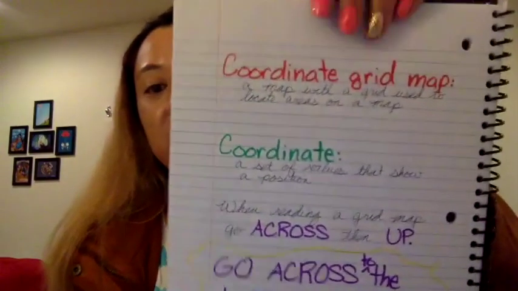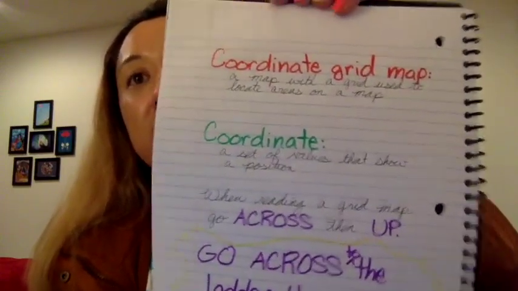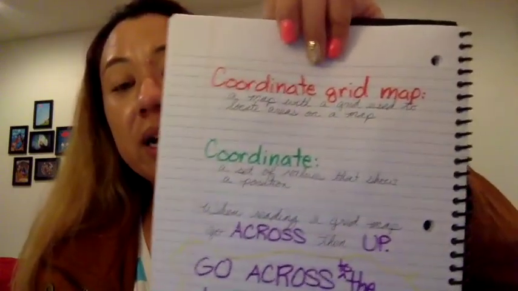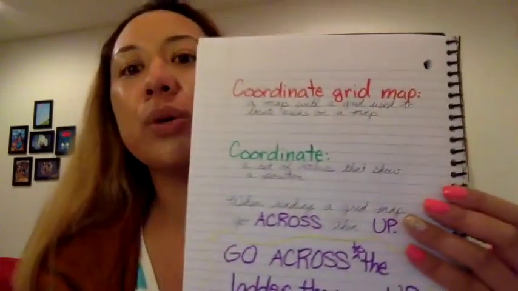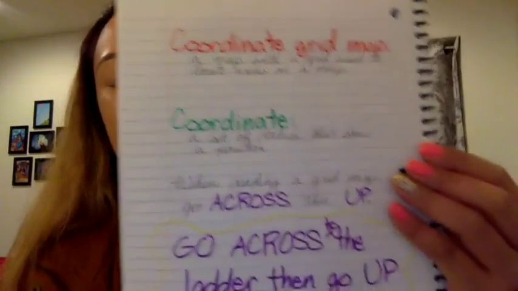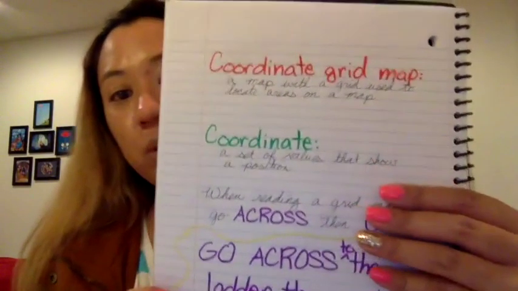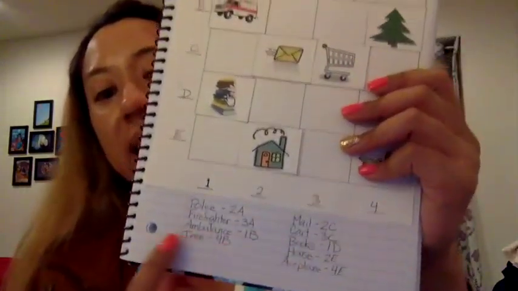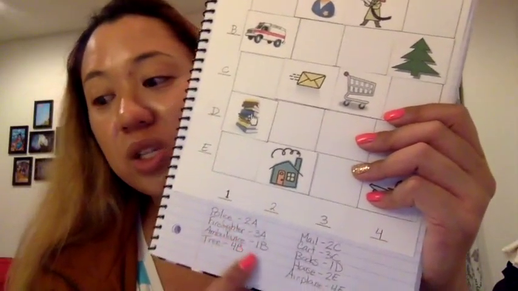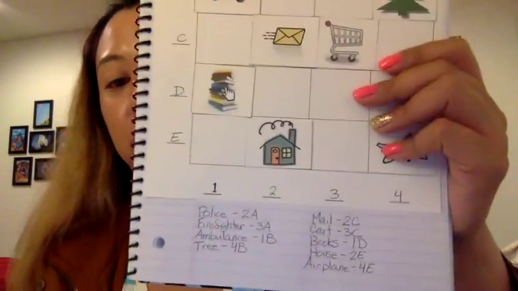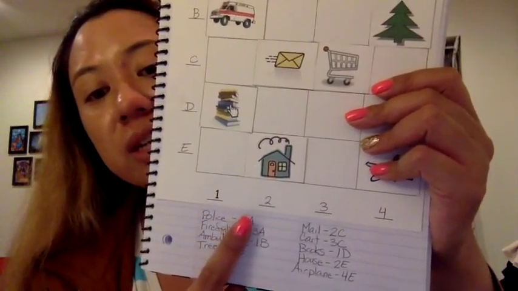Next, our next word is coordinate. Now, coordinate, I didn't go over in vocabulary, but coordinate is similar to location. Coordinate is a set of values that show a position. So, we wrote down coordinates here, down here. These are the coordinates. So what you could do is you could take your green crayon and actually write these in green.